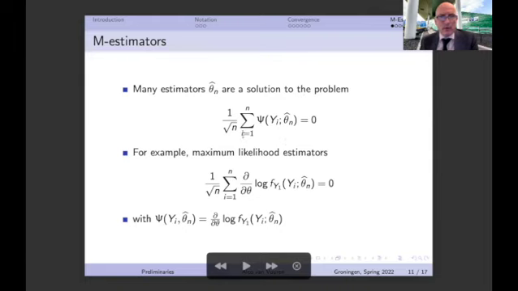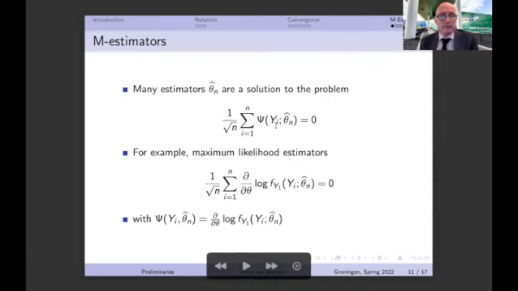So we sum over a particular function psi, which is a function of yi and this theta hat n, in such a way that this becomes equal to 0. But of course, if this is equal to 0, we can also put in front 1 over the square root of n.